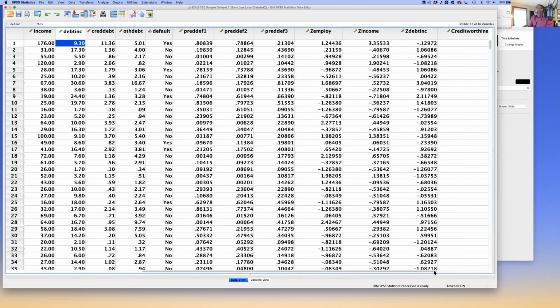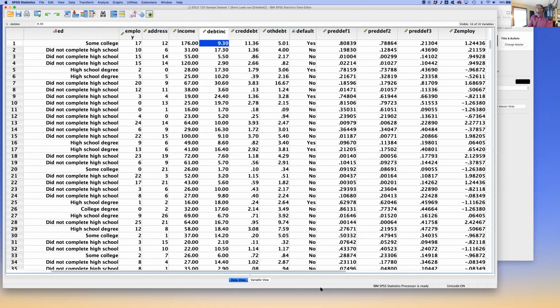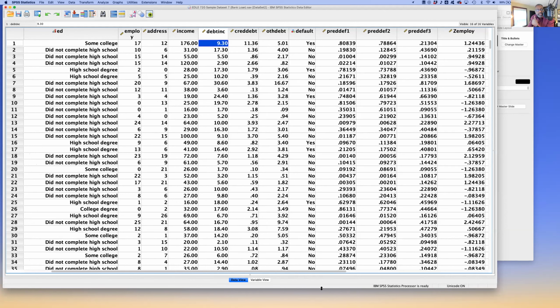So when we come over here, this person looks good. Before we even look at the variable that we've computed, this person looks pretty good. Would you lend to them? This person has been at their job for a long time. That means they are earning great money. They've been there for 17 years. They're probably going to end up being there for a little bit longer.